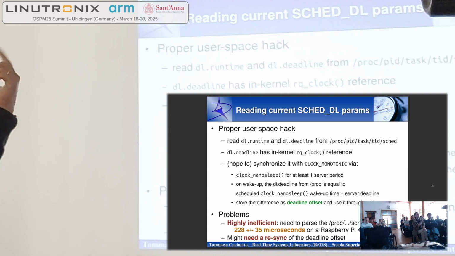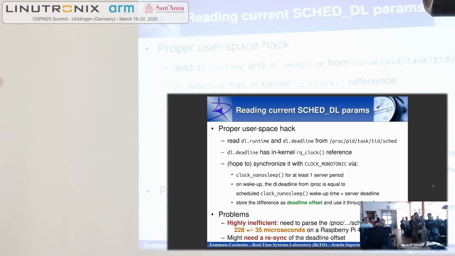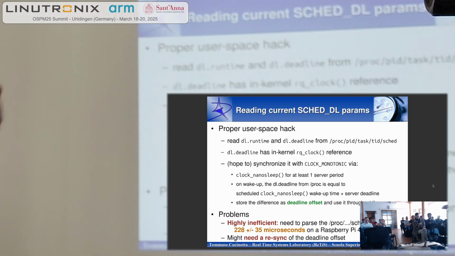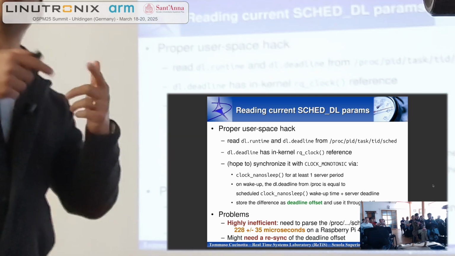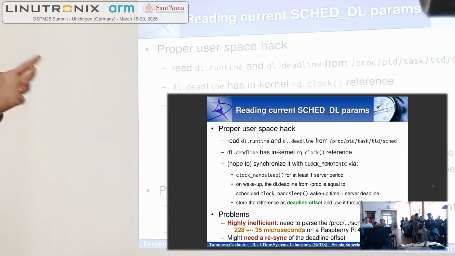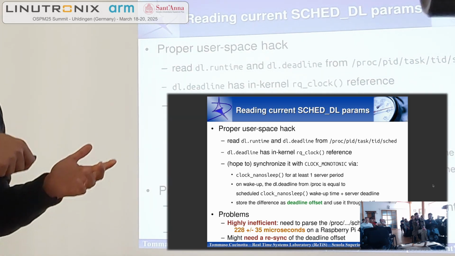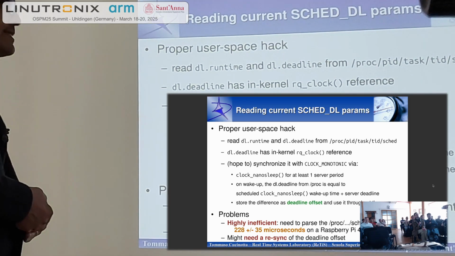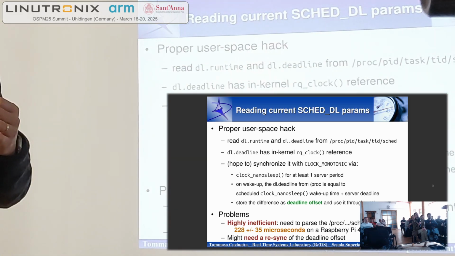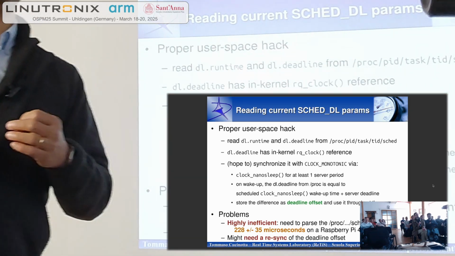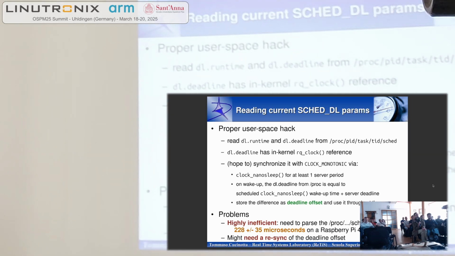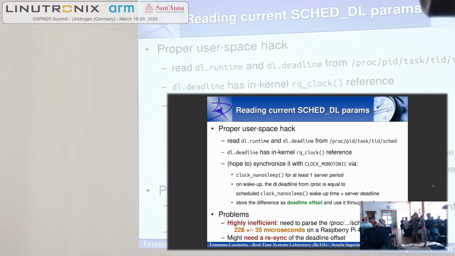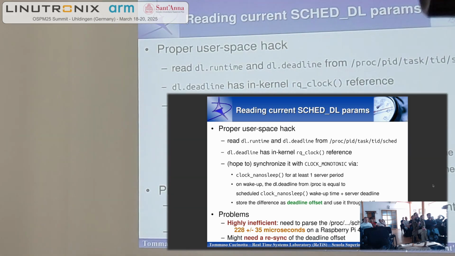I make this usual experiment: I read the deadline in sched_clock, and I store the difference with the clock monotonic reference when I woke up, as the offset between the two. I'm going to use it to compute monotonic time based on sched_clock time. However, that would be one way of dealing with the situation, except that the two clocks will drift a little bit, and that problem stays. So we would need to redo that from time to time to make sure we are aligned. But anyway, it's a big mess.